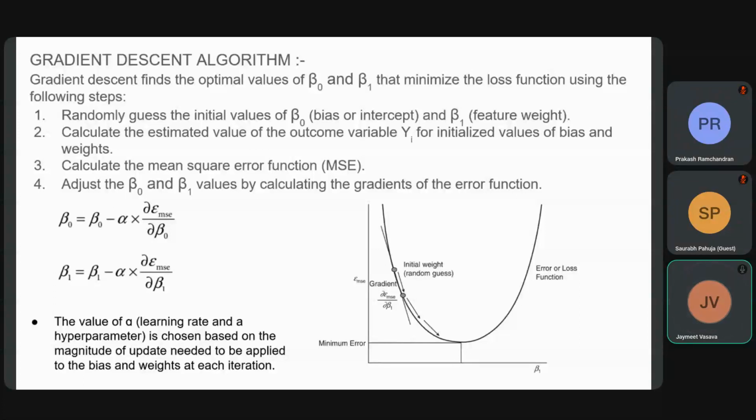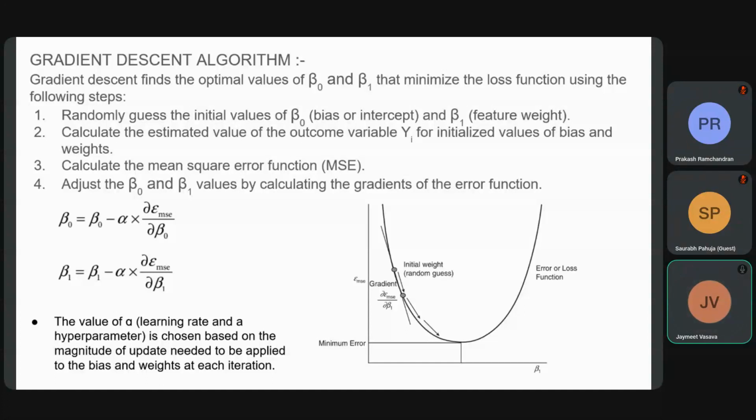Now, alpha's value can also make the model good or worse depending on the alpha value that we have given. If you give the model a much higher pace, then it won't learn the data very well and it will perform poorly.